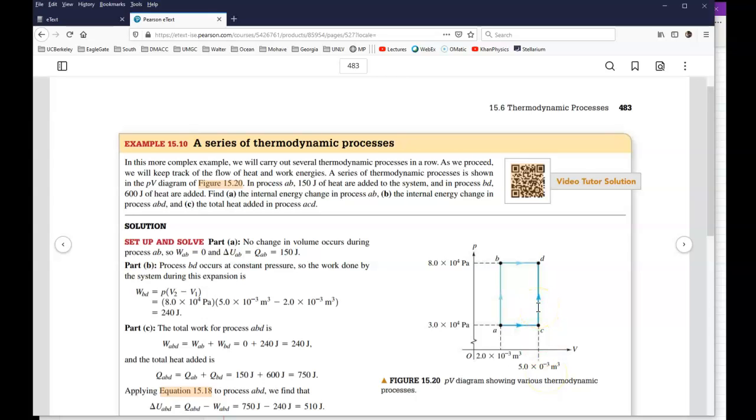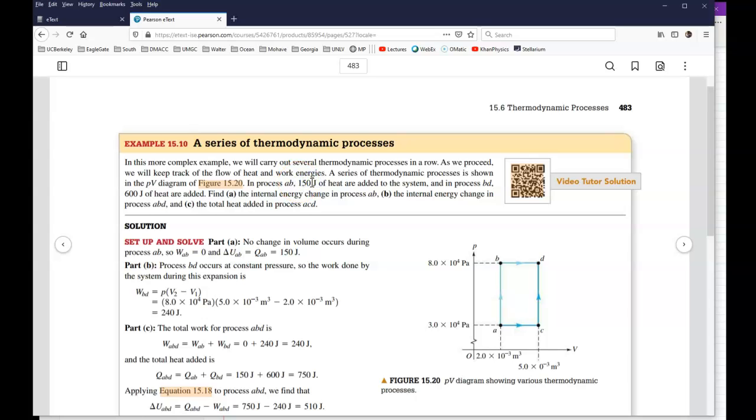Once you see a PV diagram, the first thing you do is follow with your eye what kind of process it is. Is it isobaric, isovolumetric, isothermal, adiabatic, whatever it is. All right. So we have a series of thermodynamic processes, and in process AB, from A to B like that, 150 joules of heat is added to the system. So what is this number?